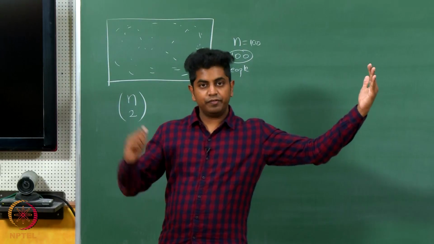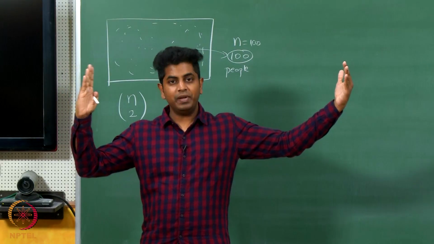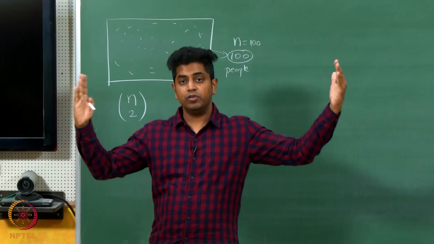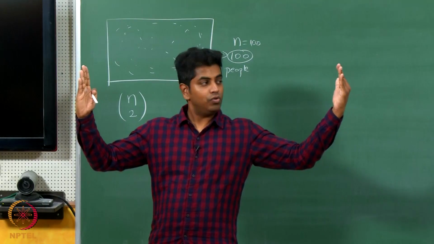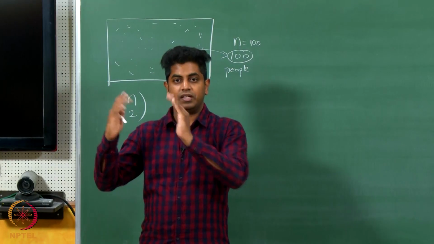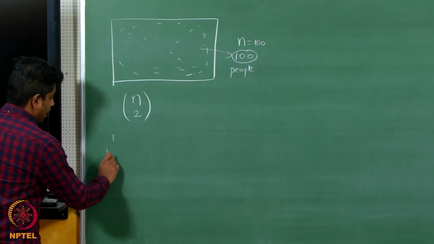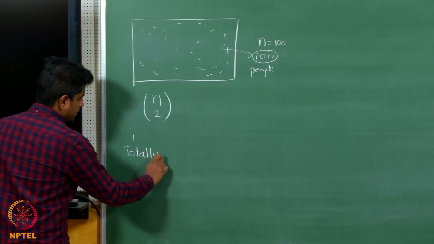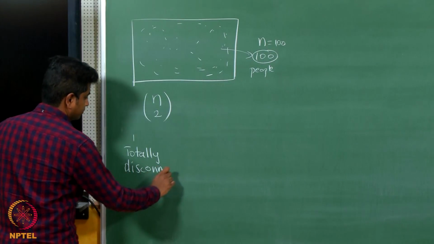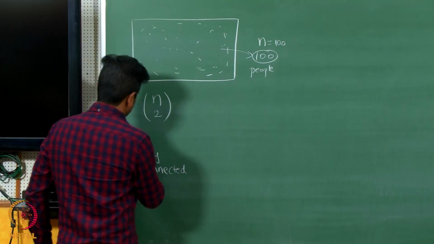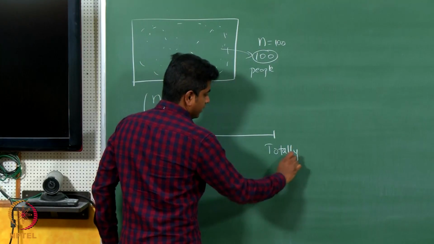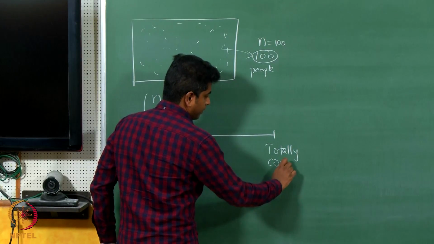So complete graph, no, completely disconnected graph, complete graph means all edges, completely disconnected graph means absolutely no edges. As you keep removing edges, you come closer and closer to this, there is a point when the graph becomes disconnected, right. So I am going to use the word totally disconnected, which stands for no edges at all, and then I am going to say totally connected, which means it is a complete graph.